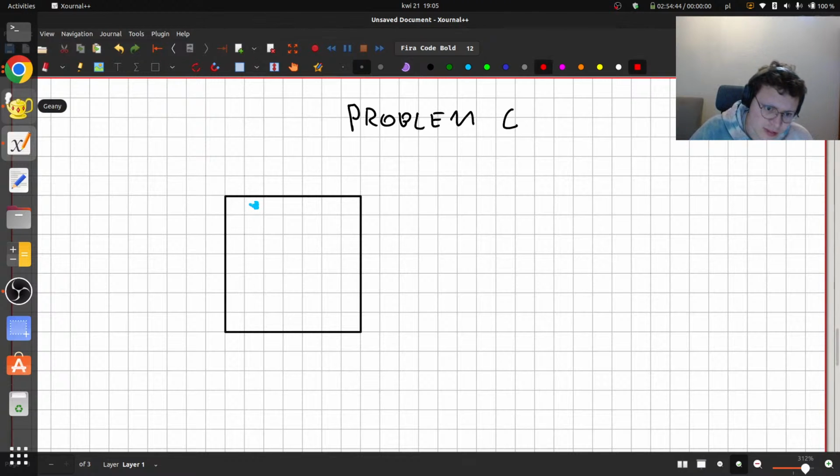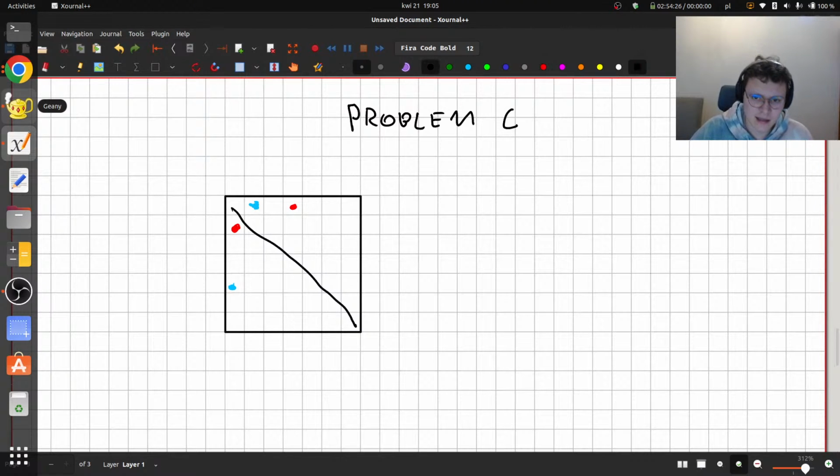And also the mirror reflection of this square will be colored red. So we could choose like this, and then we could choose, let's say, like this. Then we know that the mirror reflection will be here, right?